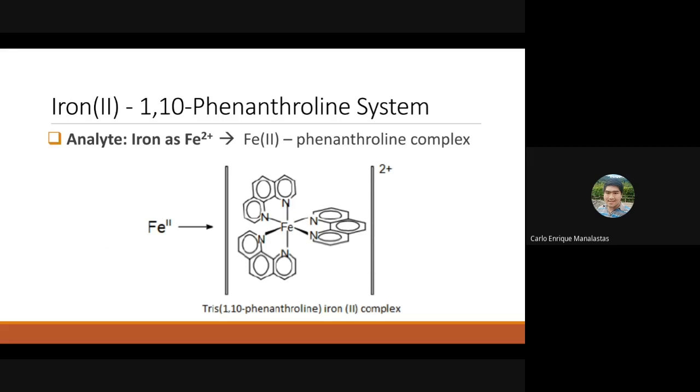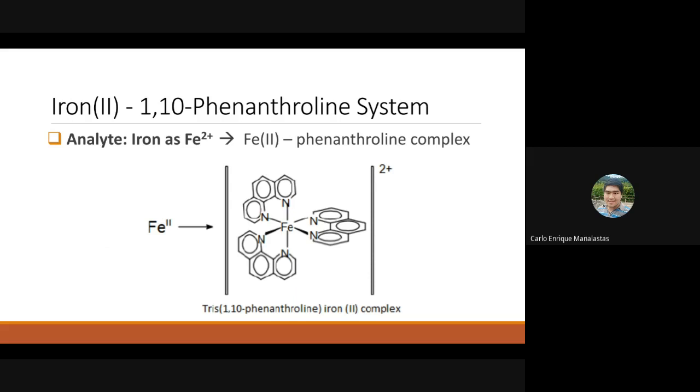In particular, you will react this Fe2+ with a ligand called 1,10-phenanthroline. The reaction of iron(II) with 3 moles of this ligand will form an octahedral complex, so-called tris(1,10-phenanthroline)iron(II) complex. So this is a colored complex.